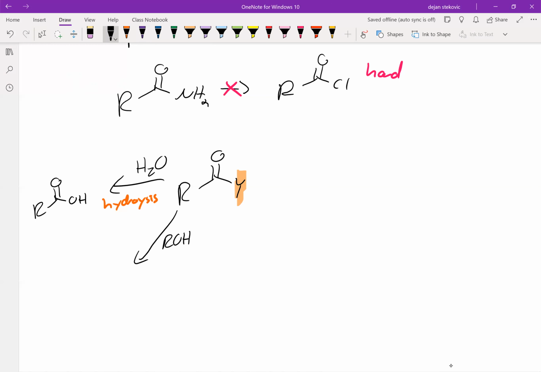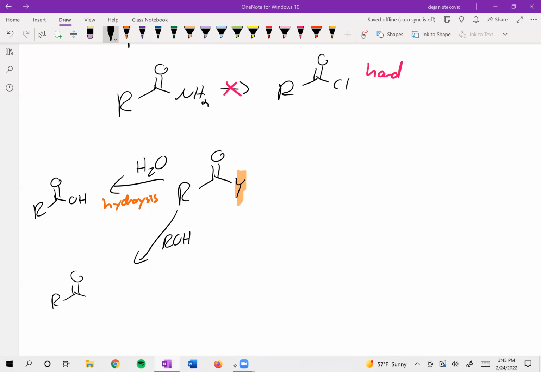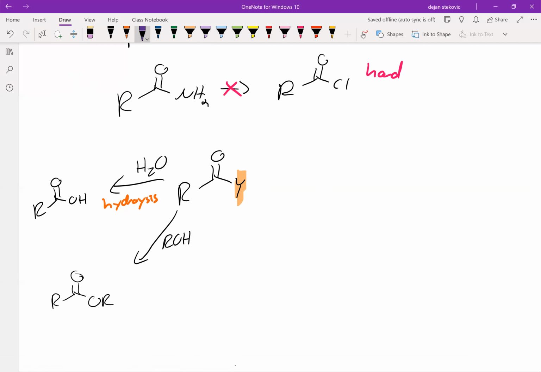We could do a similar thing with an alcohol instead of a water molecule to form an ester in this case. That's called alcoholysis. Right, pretty self-explanatory why they give them these names. You can use amines, it doesn't have to be NH3, you can use NR2, you can add other R groups there. That's called aminolysis.